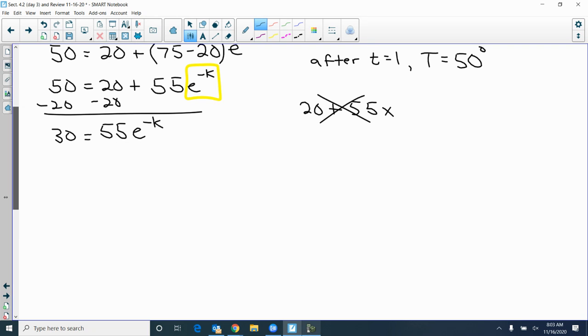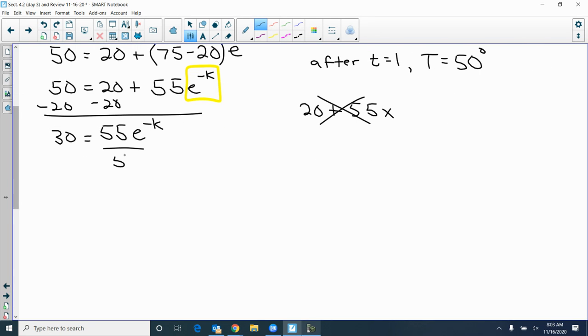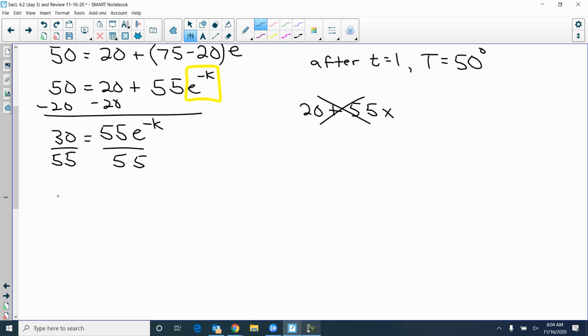Now to get e to the negative K by itself, what do we divide by? 55. If it comes out to be a nice value, like a terminating decimal, you can use that. But if it's something like this, just keep it in fraction form. So I'm just going to keep that as 30 over 55 equals e to the negative K. All right, here's where the logs play a huge role.